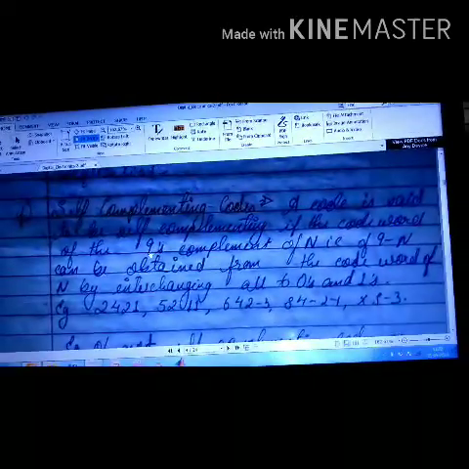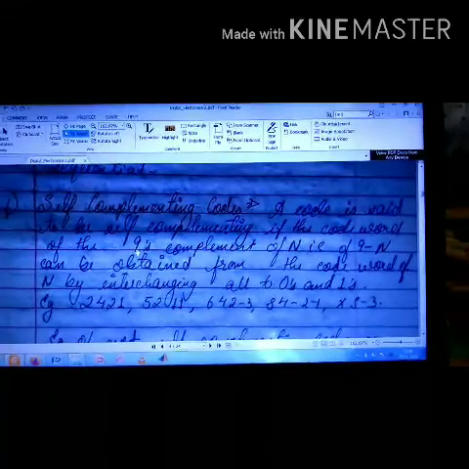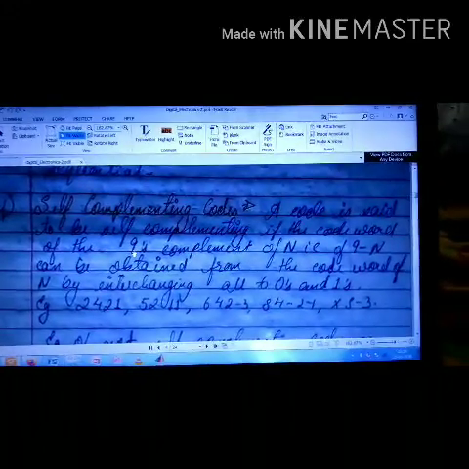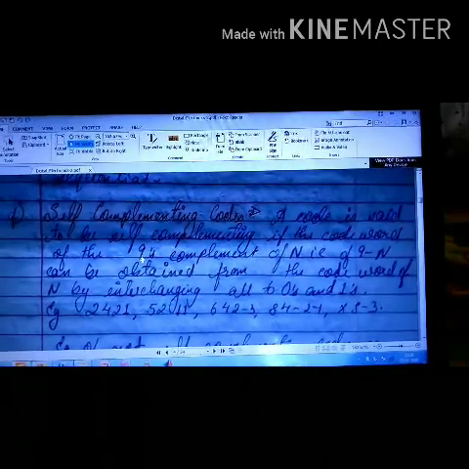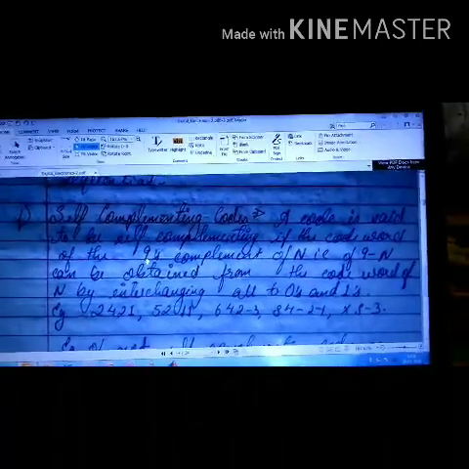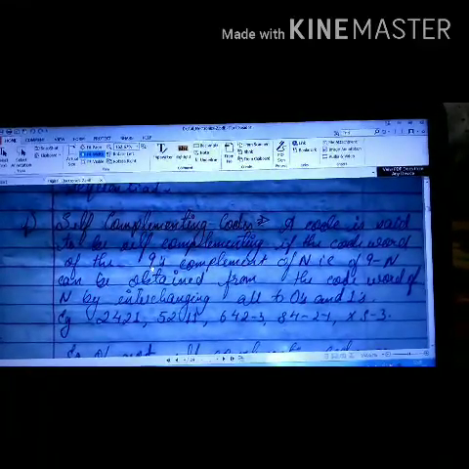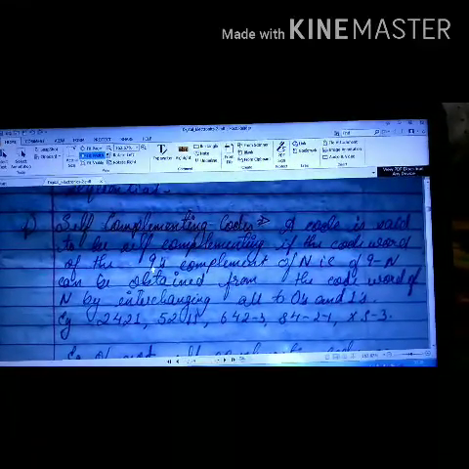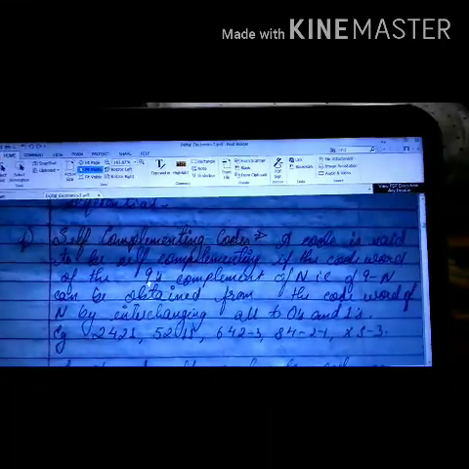There are some self-complementing codes as well. A code is said to be self-complementing if the code word of the 9's complement of n, that is 9 minus n, can be obtained from the code word of n by interchanging all zeros and ones. So that is a self-complementing code, which can complement itself.